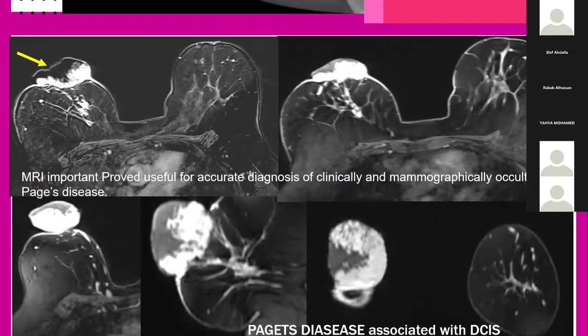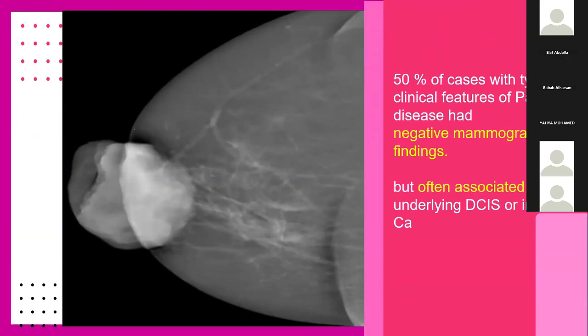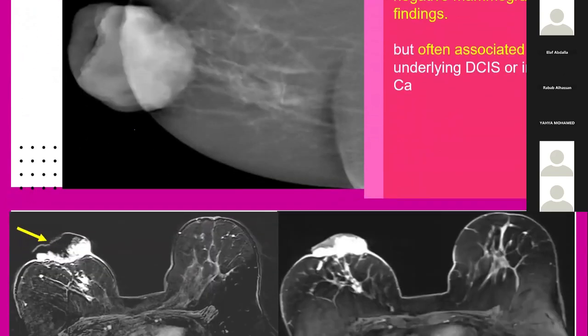And as you know, 50% of cases with typical clinical features of Paget disease have negative mammography findings, but this we consider the other 50% that is positive. At least there is suspicion, and often it is associated with underlying DCIS or invasive cancer.